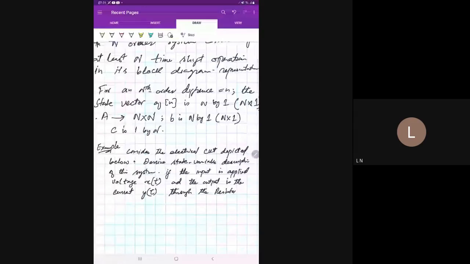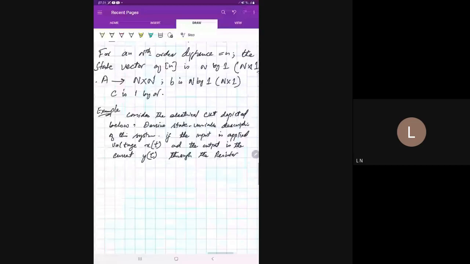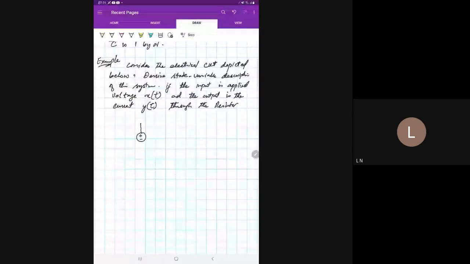I'll draw the diagram. So the electrical circuit is shown here. We have a resistor here, and we have a capacitor somewhere here. Another resistor is here. Another capacitor is here.